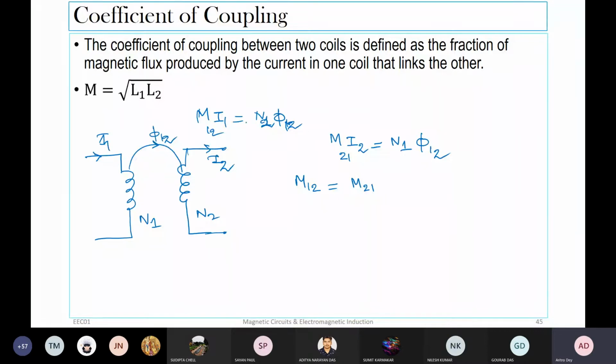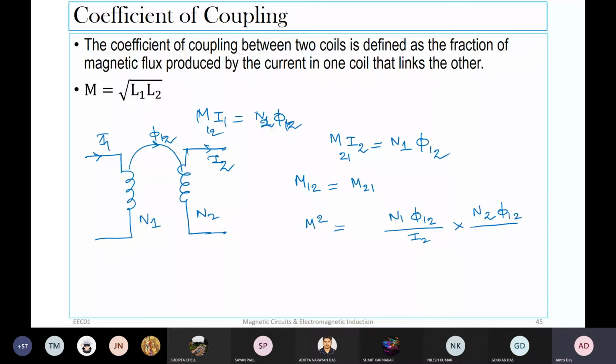That is why, if we put the expression of this, your M square will be equal to N1 phi12 by I2 into N2 phi12 by I1.